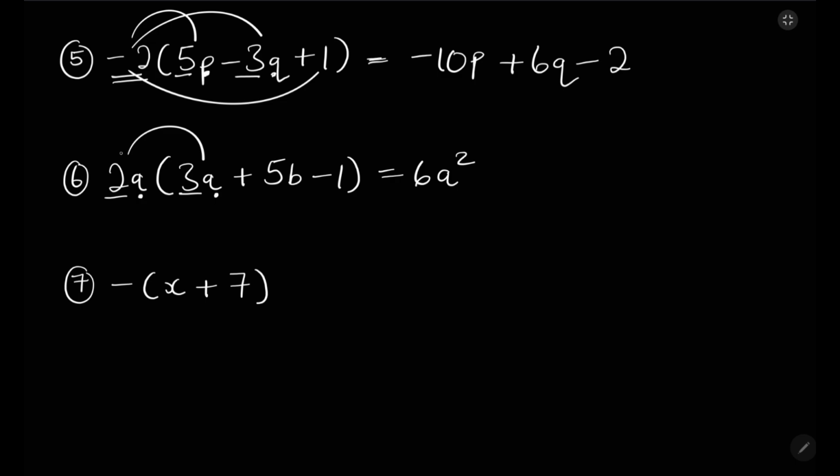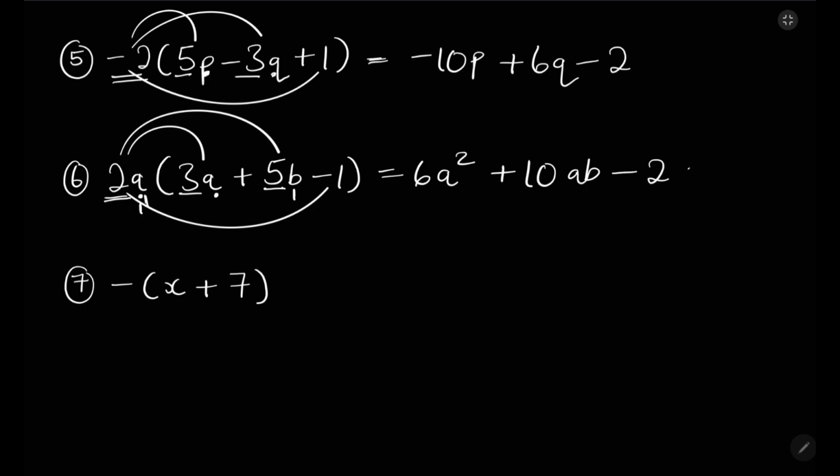Then 2a times 5b, we'll say 2 times 5, which is 10. We have variables a and b, so this is 10ab. And lastly we have 2a times negative 1. 2 times negative 1 is negative 2. Do we have a variable? Yes, we have a, so this is negative 2a.